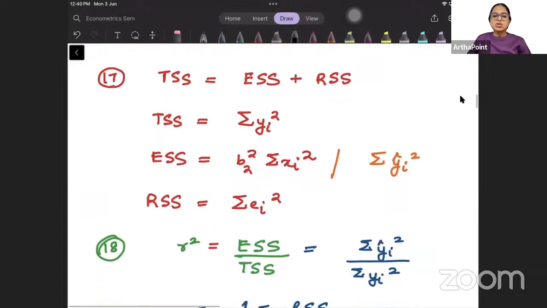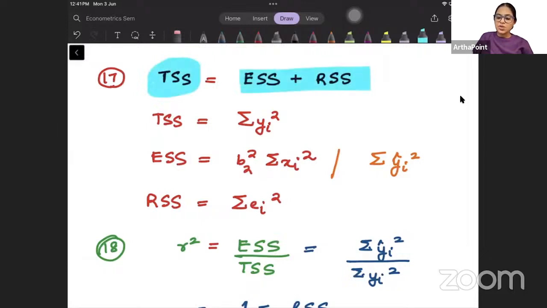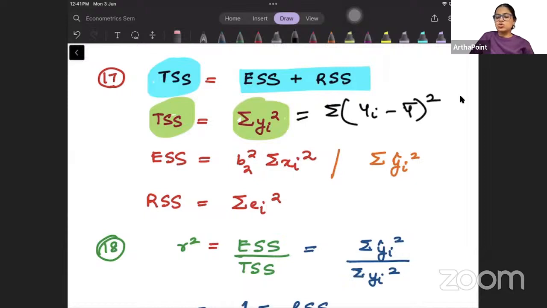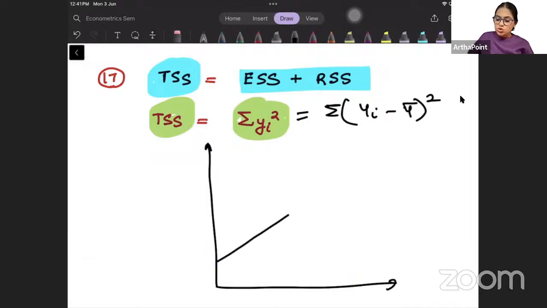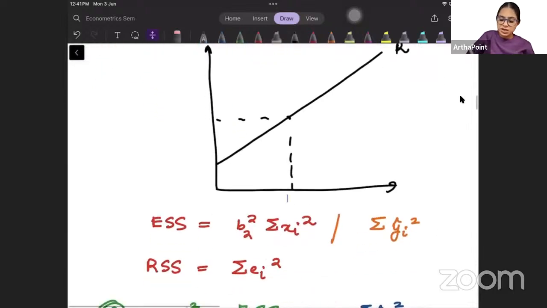Okay. Now let's talk about TSS and ESS. TSS can be written as ESS plus RSS. Your TSS is summation yi square, which is nothing but summation yi minus y bar whole square. Always remember, to find TSS, we always find the deviation of y from its mean value. So if this is my regression line, remember, the regression line passes through the mean values.